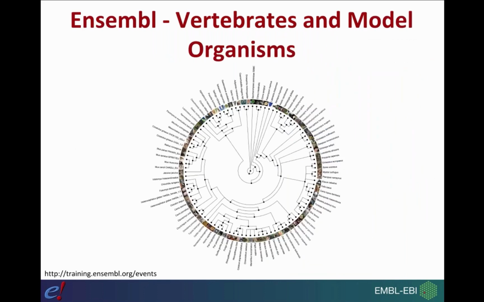This slide shows a phylogenetic tree of all the different species in Ensembl, which are mainly vertebrates, but we also have some model organisms here, which are included as outgroup for this tree and for comparative purposes. So, for example, we have got C. elegans, Drosophila, yeast, and Ciona in here.